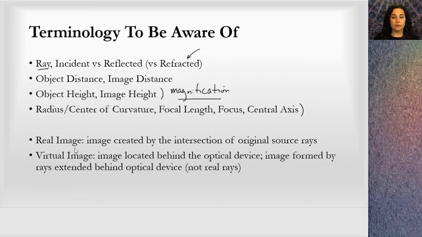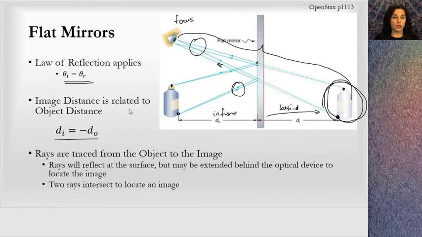Again, down here, different types of images. A real image is an image created by the intersection of the original source rays. And a virtual image is the image located behind the optical device, formed by rays extended behind the optical device, so not real rays. So if I go back to this picture here, like I was saying, these are extensions behind the mirror, so this is a virtual image.